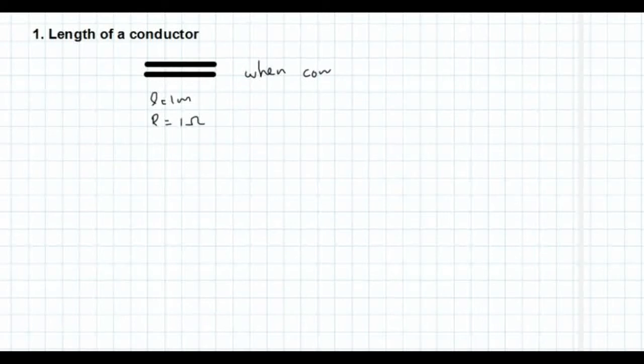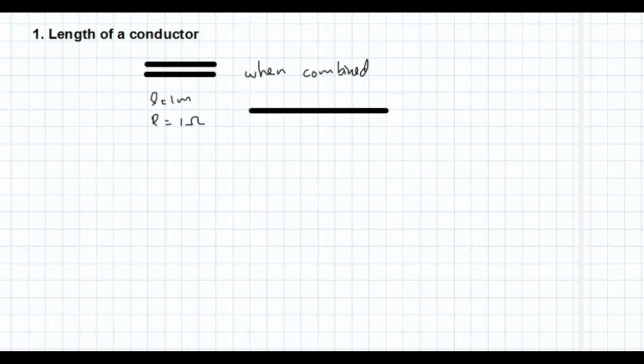When these two pieces of wire are combined, we will get a single stretch of wire of 2 meter, because 1 meter plus 1 meter is equal to 2 meter.